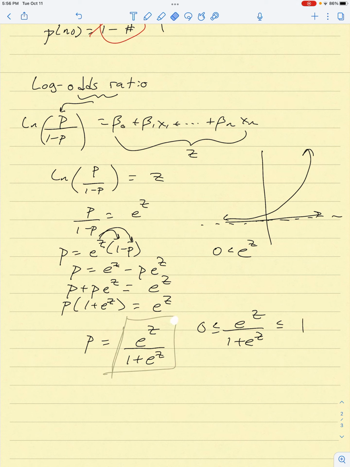All right. So we have this piece taken care of already because this is always going to be bigger than 0. And if you're taking that and then dividing it by a positive number, a positive divided by a positive is still positive, so it's still going to be bigger than 0.